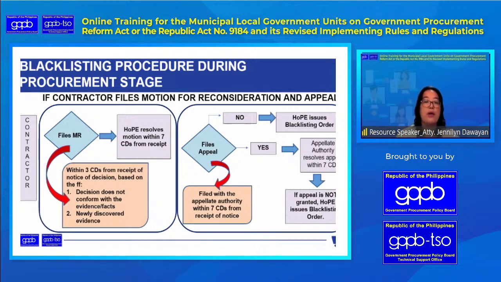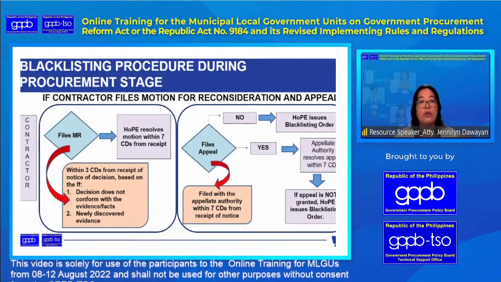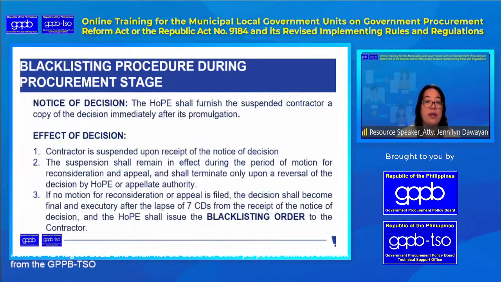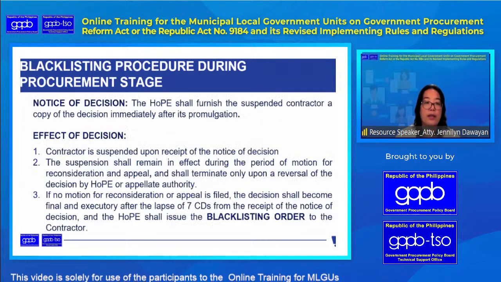So yun, you can go back dito sa proseso na ito when you are confronted with this, because of course when it's your first time, you will get confused with all the process. But the process here that was stated, discussed, or even visually presented, napakalinaw po kung ano po yung pwedeng gawin ng procuring entity, no?